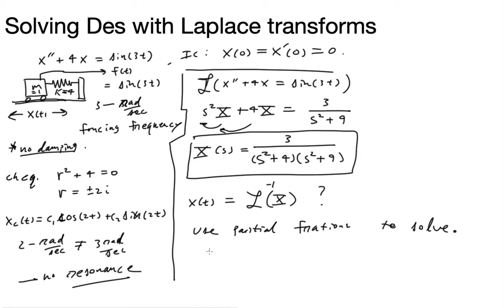Okay, so this looks pretty good. We have to solve this using partial fractions, so let's get to the next page here and we'll work that out. Okay, so again, we want to compute the inverse Laplace transform of 3 over (s squared plus 4)(s squared plus 9).